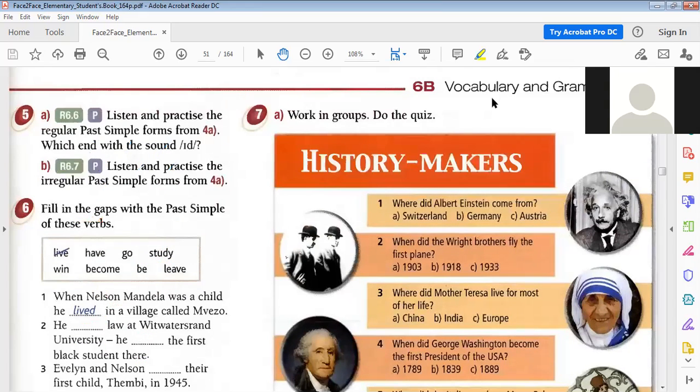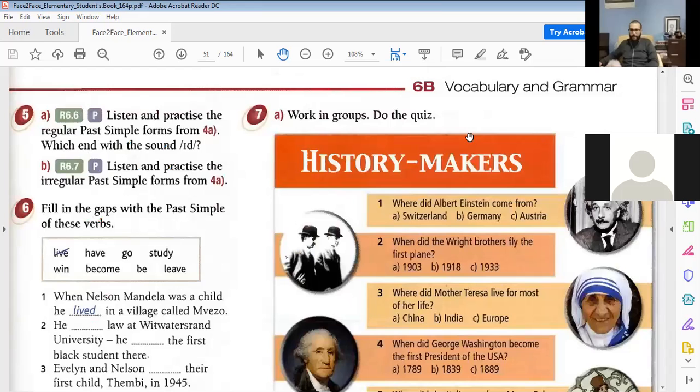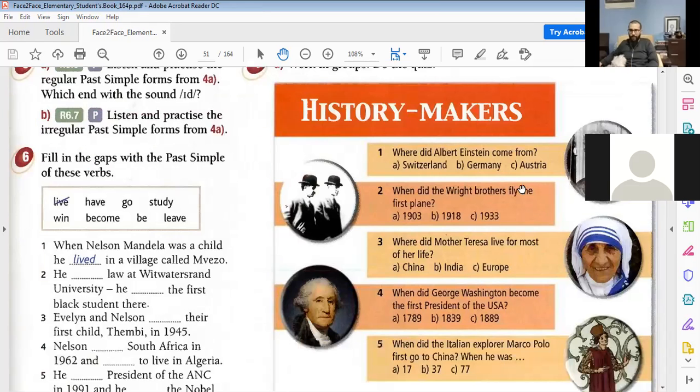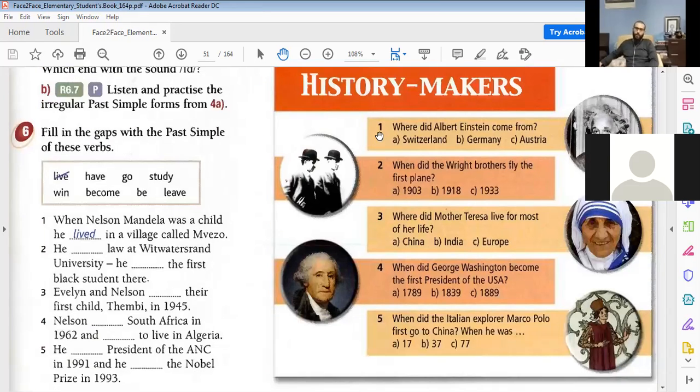Okay, so here we have a little quiz, and I want you to guess the answers. Maybe you know them, maybe you don't, that's okay. Number one, history makers. These are all important people in history. Where did Albert Einstein come from?